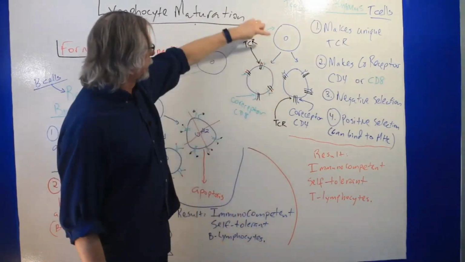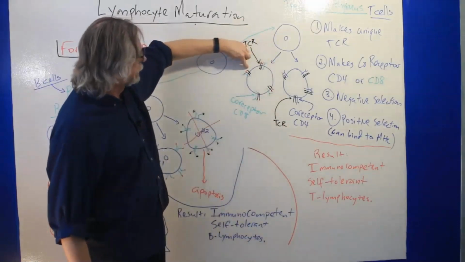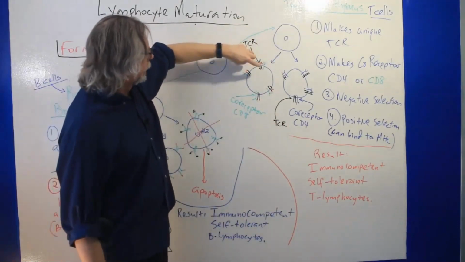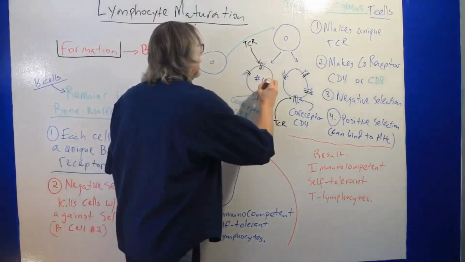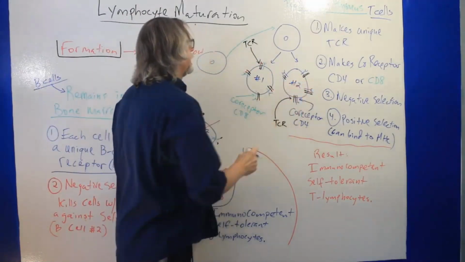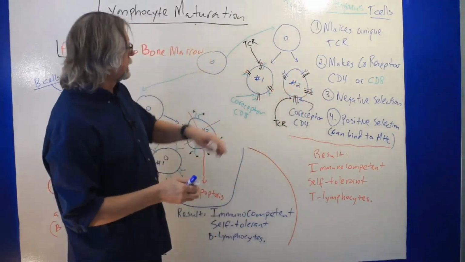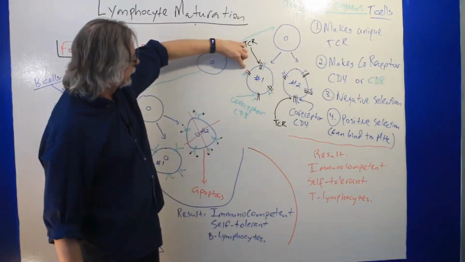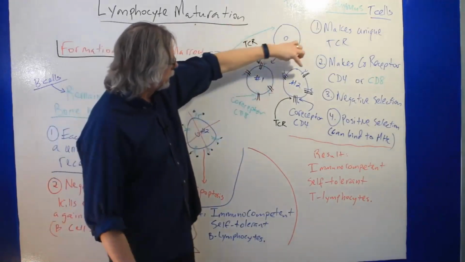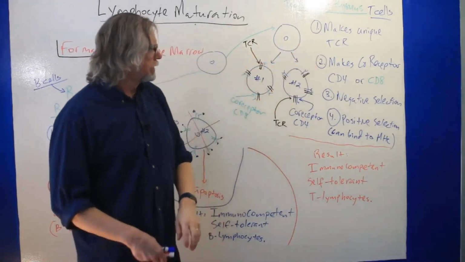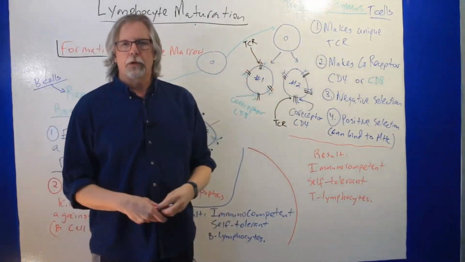Okay, and they put it on their surface, so I indicate it by these double black lines here. For T cell number 1 here and T cell number 2, they're unique antigen receptors. The antigen receptor that T cell number 1 has red tips, so it's different from the one that number 2 has, blue tips. They're unique, okay?